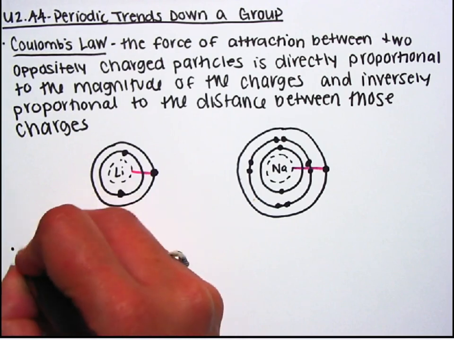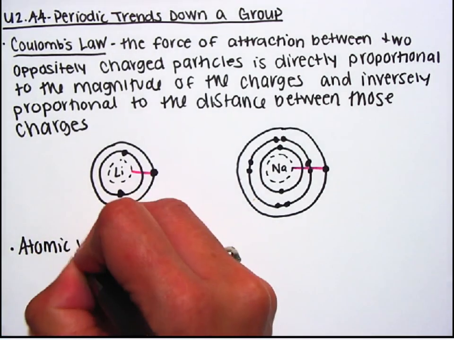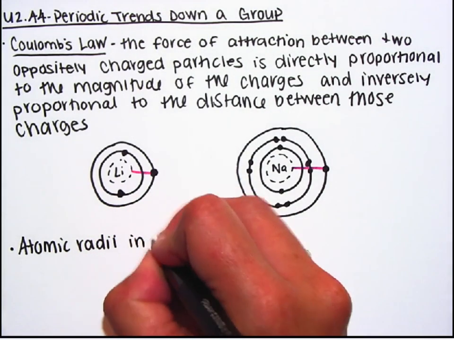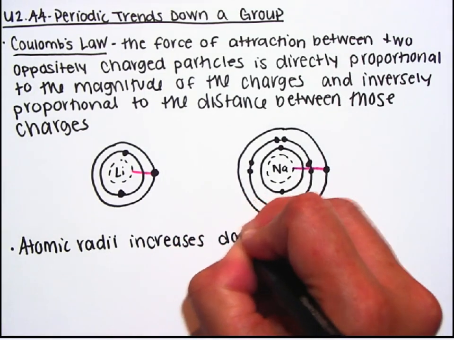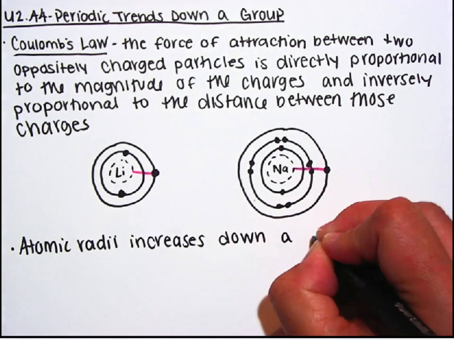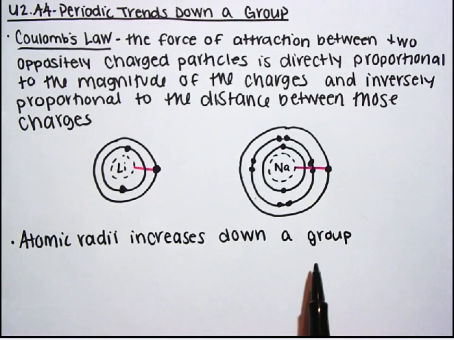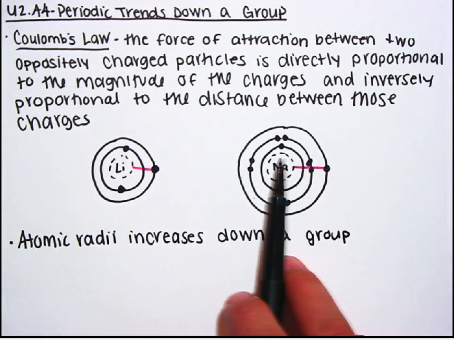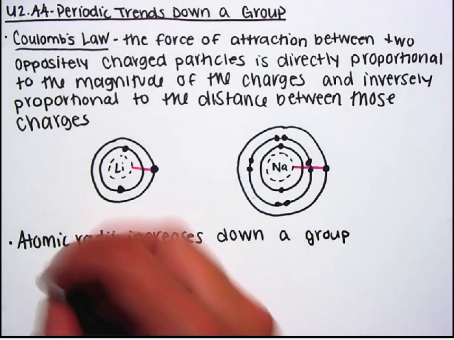So up first, atomic radii increases down a group, which we can see with our group 1 metals. The atomic radius of sodium is greater than the atomic radius of lithium.